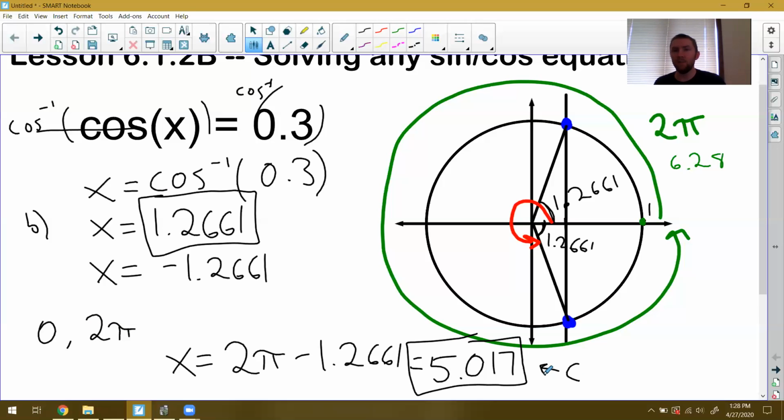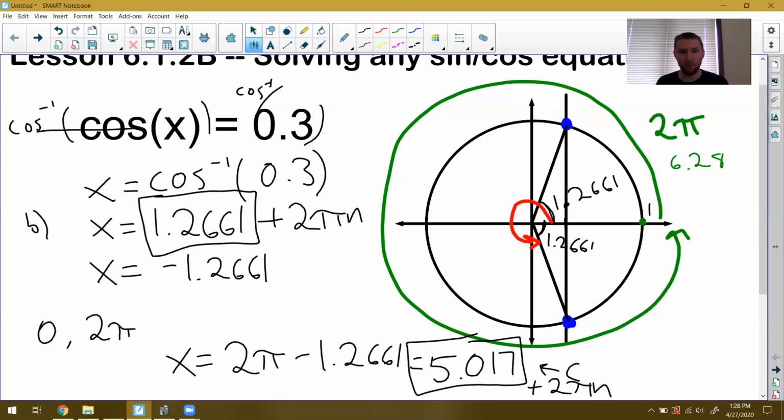And then they want us to, again, generalize this to all the answers on an unrestricted domain, going around and around the circle in both directions forever. And so we just take the two answers that we have from the unit circle, plus 2 pi n, and this one plus 2 pi n, around and around again. Now, once you go to a general unrestricted solution to cosine x equals 0.3, it is okay to use this value instead of this value.